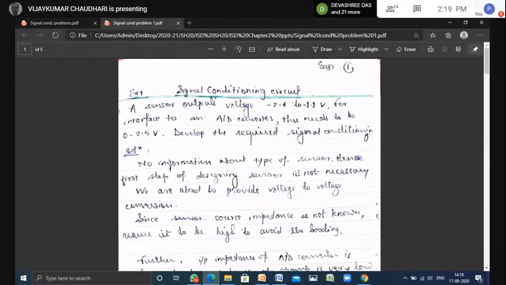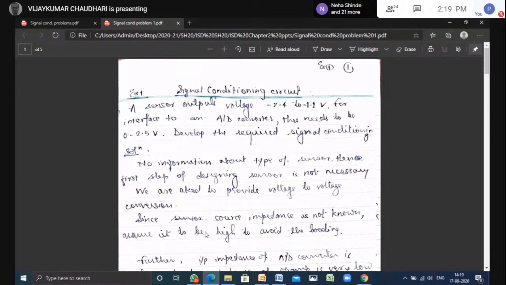Okay. So, as I said, no information about the type of sensor is given, and therefore the first step of designing the sensor is not necessary. We are asked to provide voltage to voltage conversion from sensor output to the signal conditioning output.